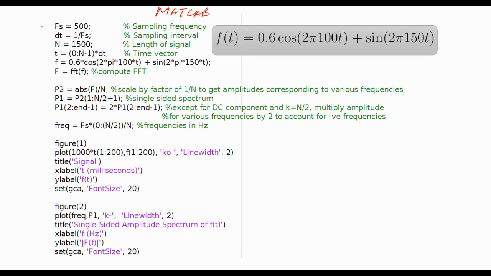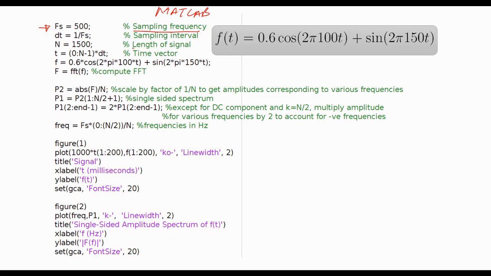What we have to first do is to define the sampling frequency. That is the frequency at which we will be sampling the continuous signal. Of course, in this example, we know our continuous signal, but in experiments, you won't know the continuous signal, but still you have to choose the sampling frequency. Then the inverse of the sampling frequency is the sampling interval.